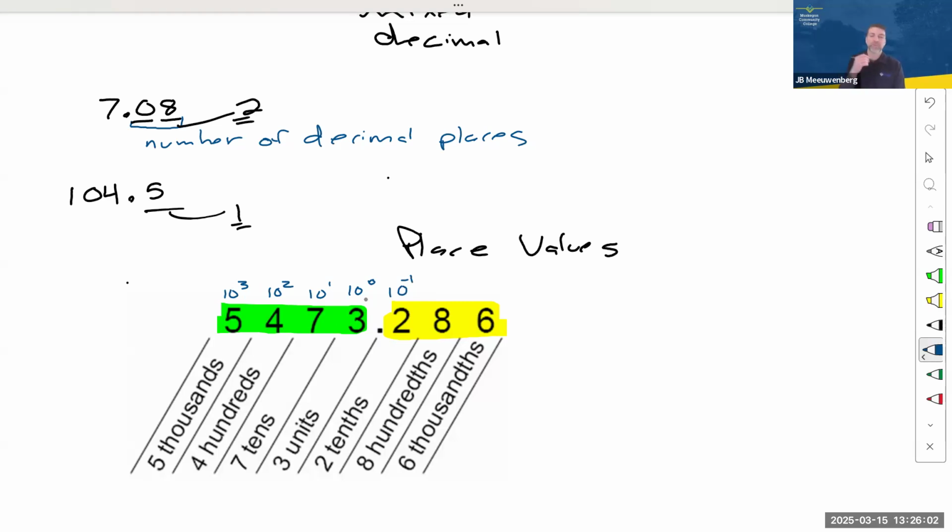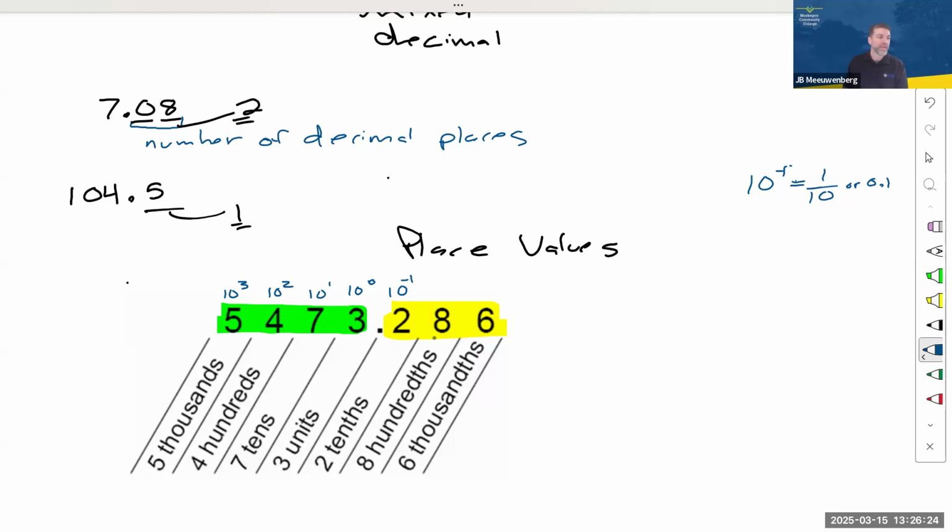When you get into the decimal places, your exponents actually become negative. The idea of a negative exponent, 10 to the negative first, means 1/10 or 0.1. So a negative exponent actually makes your number smaller.